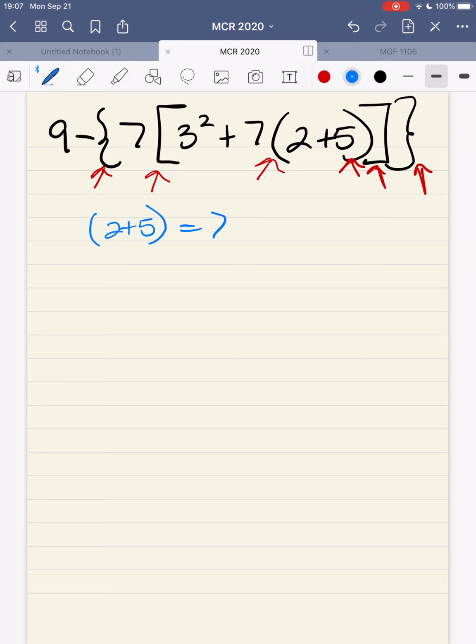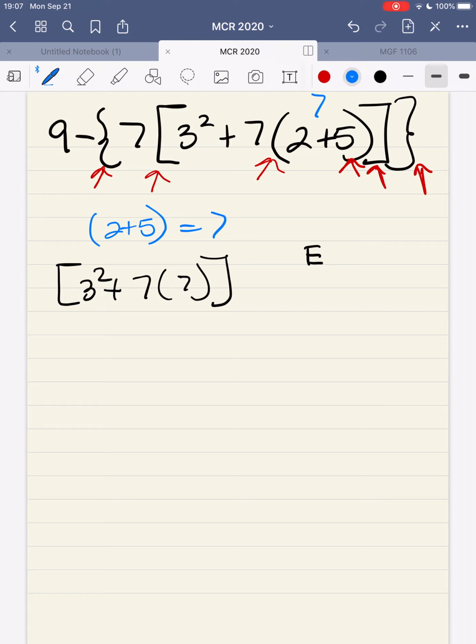Okay. And so I have 7 within this set of parentheses, so I can go ahead and rewrite my set of parentheses. So now I'm going to go to my set of brackets, and I have 3 squared plus 7 times 7. Okay. Now my order of operations says I must do exponents first.